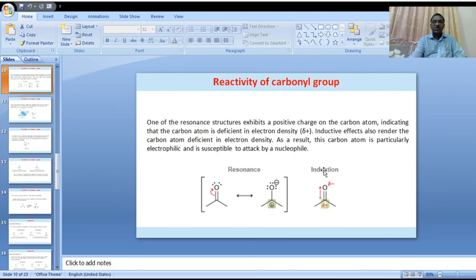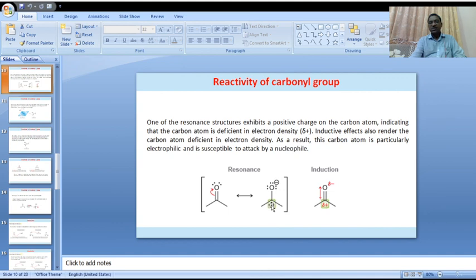Based on inductive or resonance effect, there is an electron deficiency and a positive charge, so the carbon atom is generally attacked by a nucleophile. Is it clear?